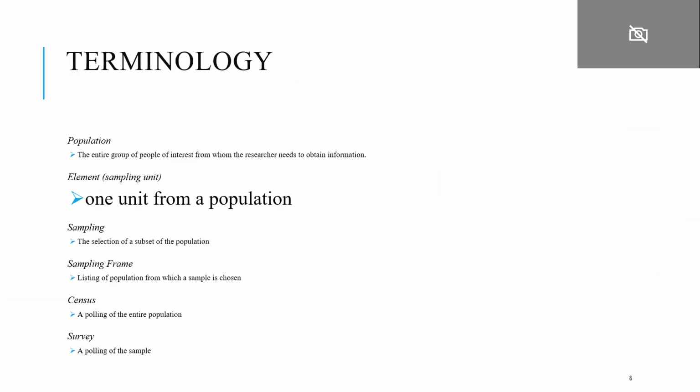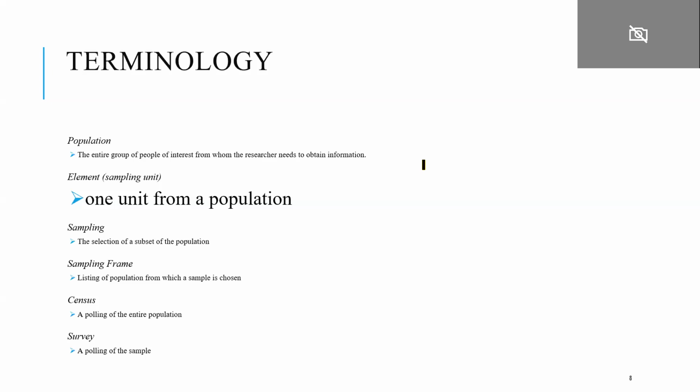There are few terminologies that every researcher should understand. First is population, the entire group of people of interest from whom the researcher needs to obtain information. So population is the entire group of people on which you have to perform some research as per your objective. Element or the sampling unit is one unit from the population, or you can say each respondent.